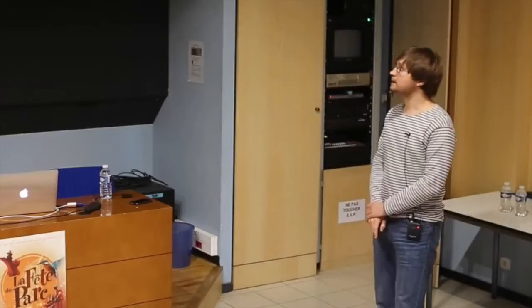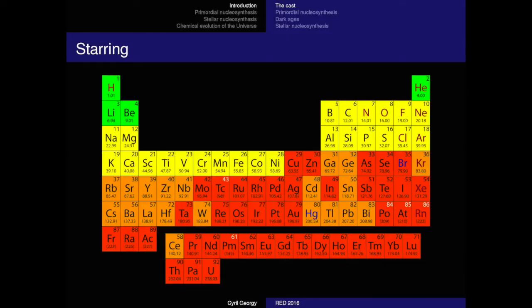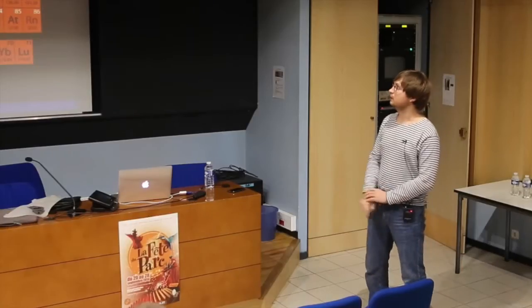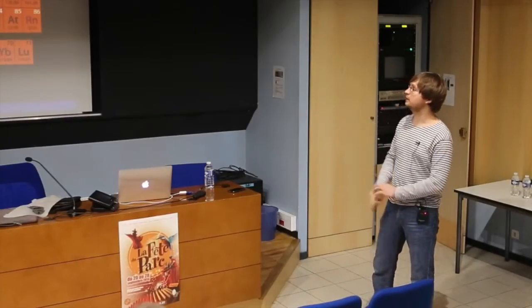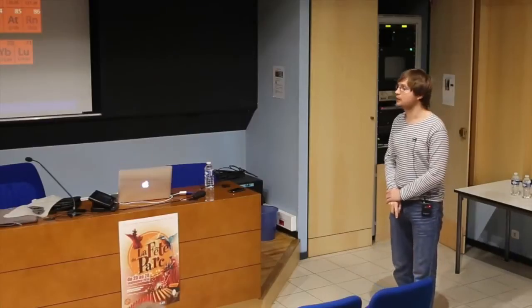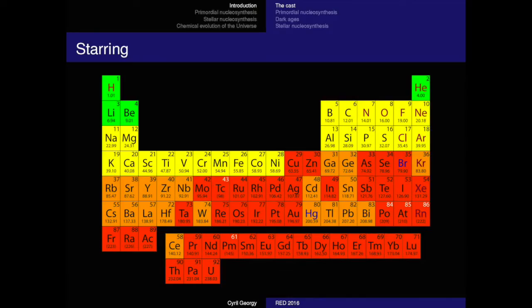So basically, we will try to understand how this diagram is progressively built through the evolution of the universe. This is the well-known Mendeleev table, where the elements are sorted from the lightest to the heaviest one here, and the columns are made according to given properties of the elements.